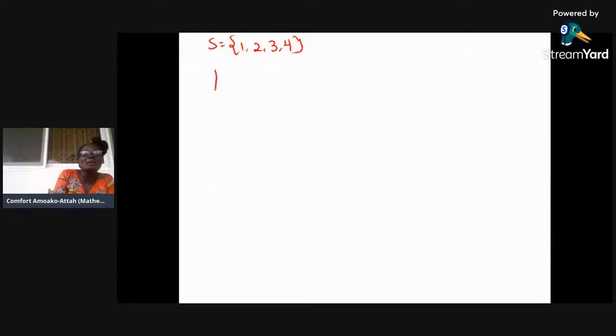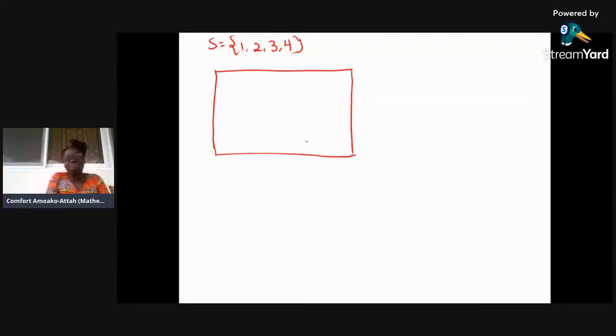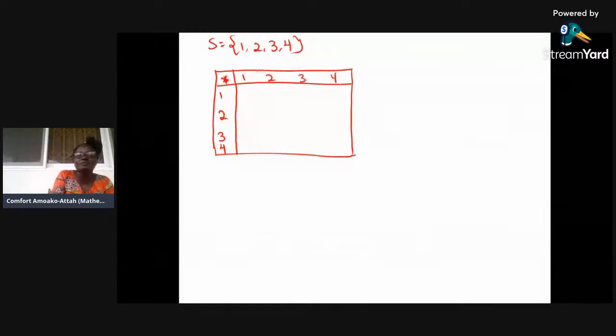So in your table, you shouldn't write anything more than the numbers that have been given to you. So we have our star property here. Okay, so we have 1, 2, 3, 4, 1, 2, 3, 4.